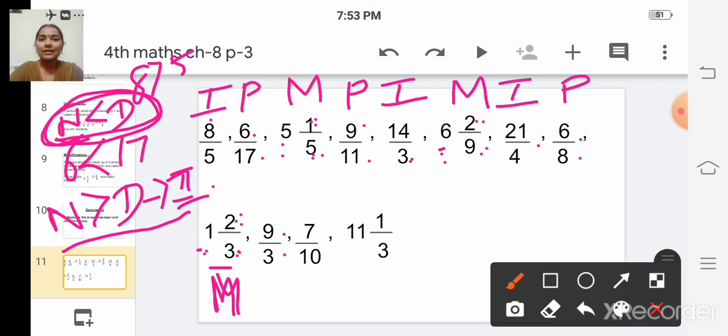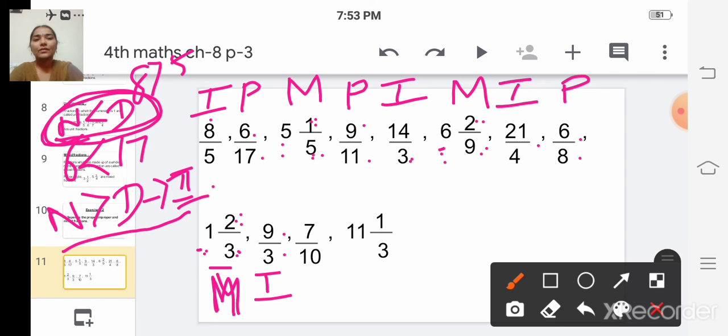So numerator is greater than denominator. So it is an improper fraction. So you have to compare numerator and denominator only. If the numerator is less than denominator, then it is a proper fraction. If the numerator is greater than denominator, then it is an improper fraction.